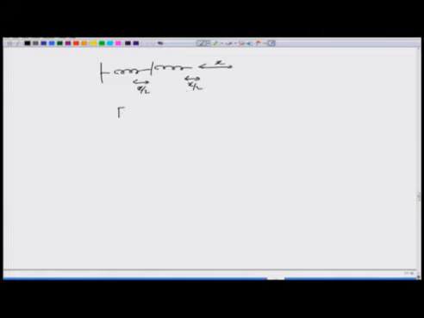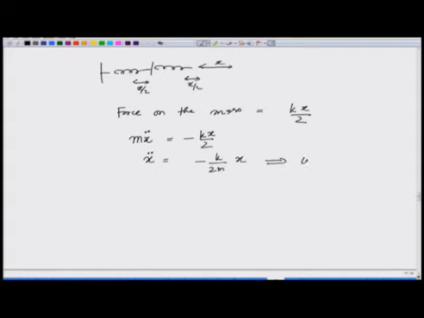So, the force on the mass, which is only due to the second spring, is going to be k x by 2, and therefore, m x double dot, because x after all is the displacement of the mass, is going to be equal to minus k x by 2, or x double dot is equal to minus k over 2m x, and therefore, omega square in this case is going to be k over 2m, or omega is going to be square root of k over m times 1 over root 2.